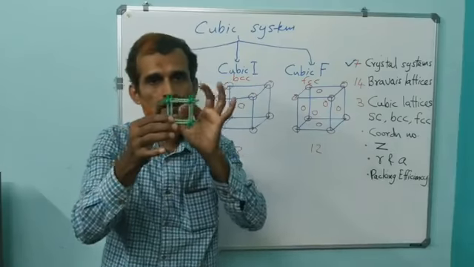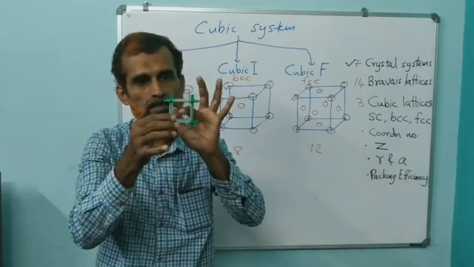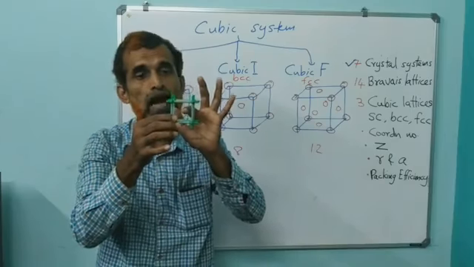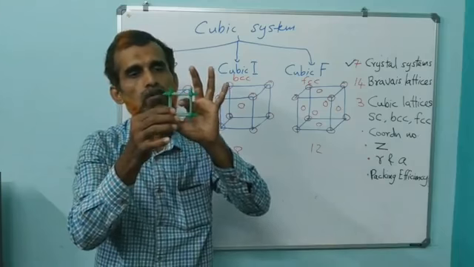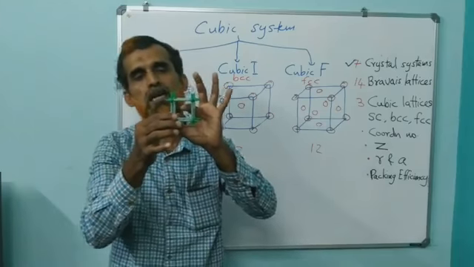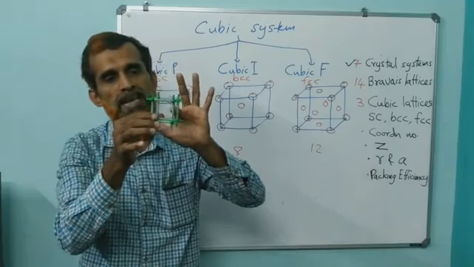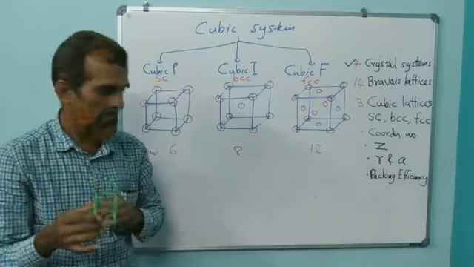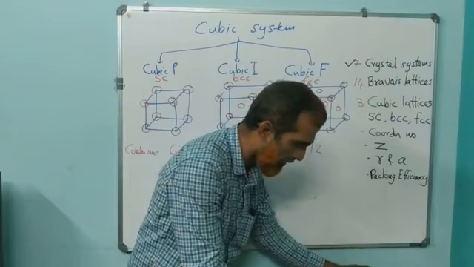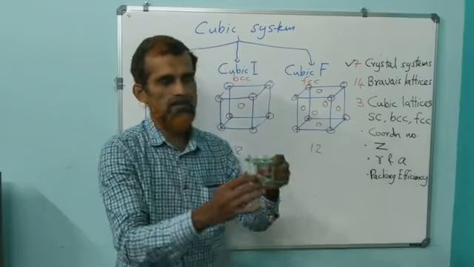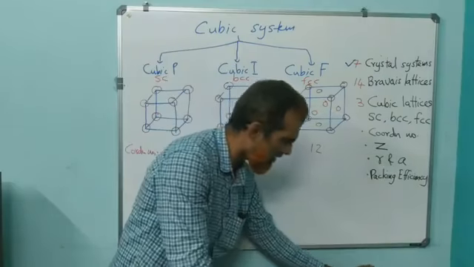In BCC it's very simple. You think about the particle at the center of the cube and just look around. Around this centered particle, how many particles are touching? All these 8, right? So that's why it is 8. In FCC it is 12. That you can understand in different ways.